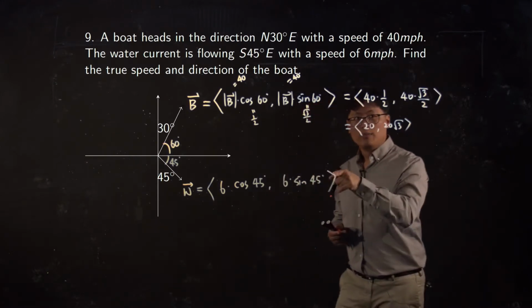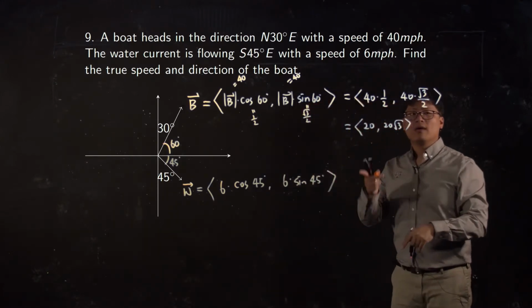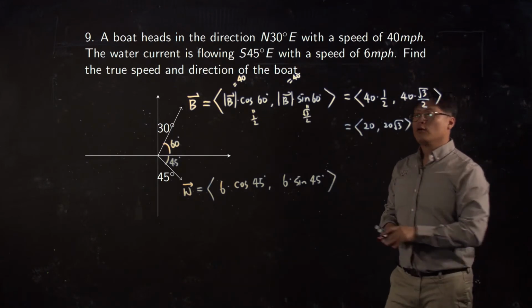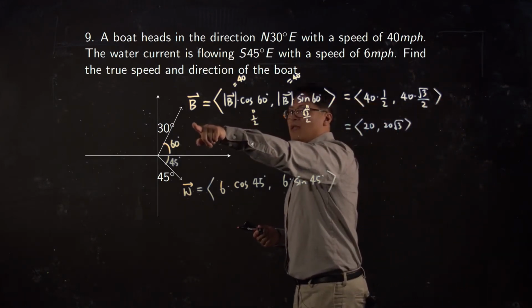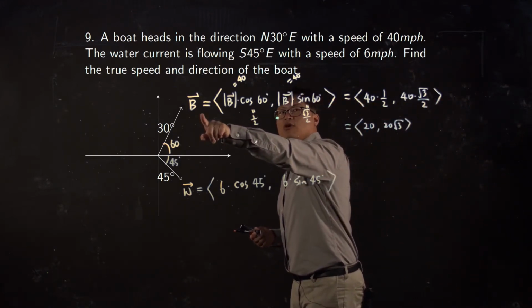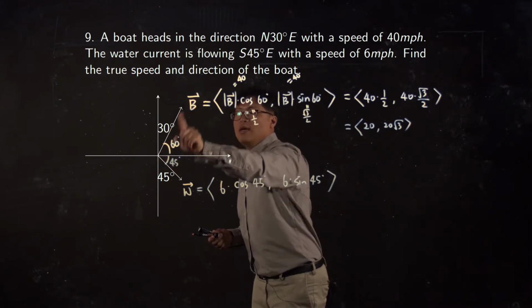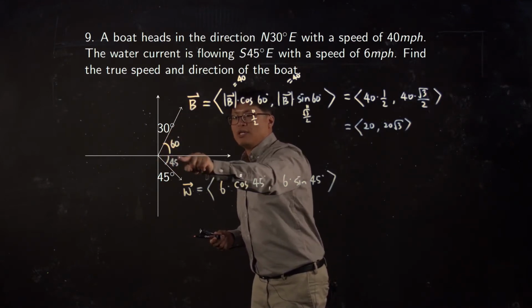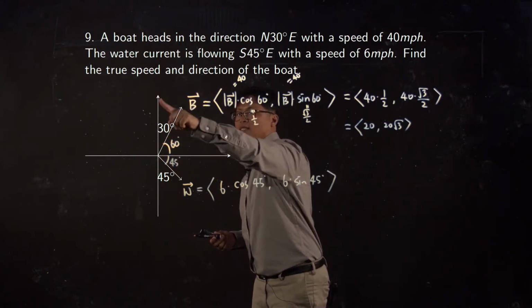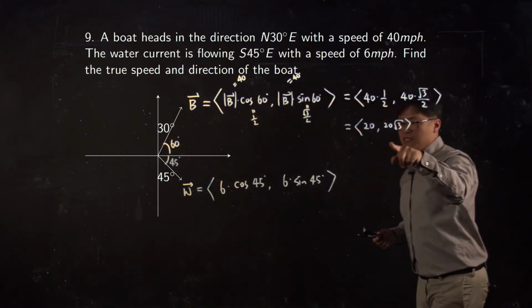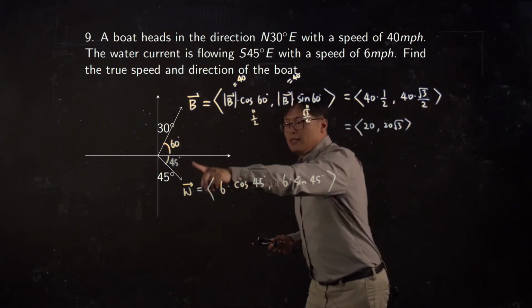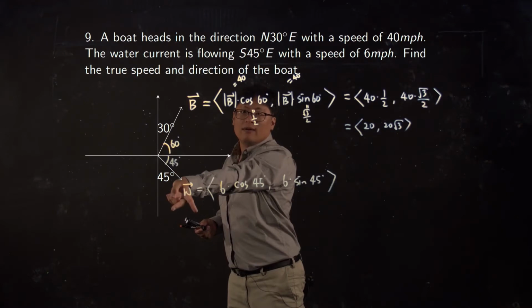But you know what? Wait a minute. If you write it this way, it is wrong. Let me come back to the vector B. B is in the first quadrant, which means it's pointing this way. That means the X component is positive and the Y component is positive, so that is definitely fine. But what about the wind? It is pointing down there, right?